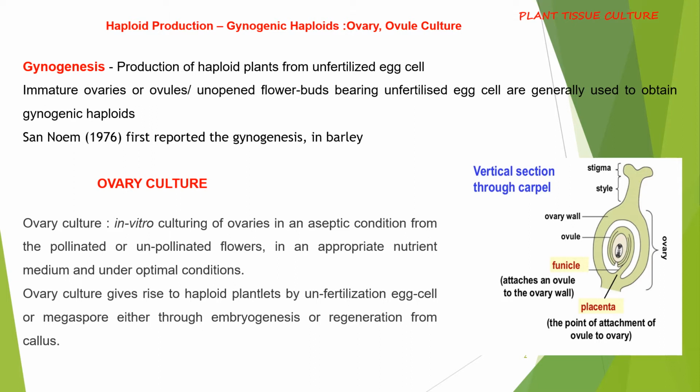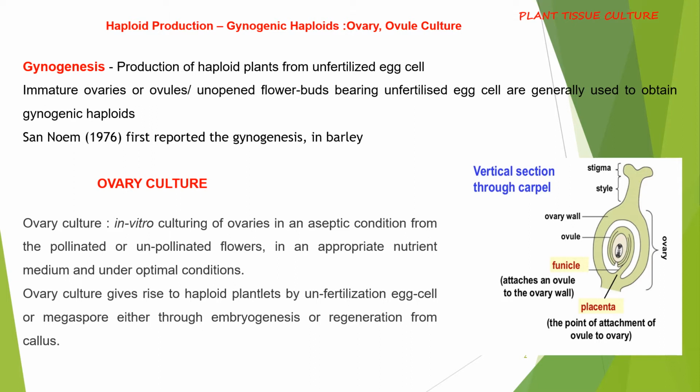Here, immature ovaries or ovules are excised from unopened flower buds bearing unfertilized egg cells to give rise to haploid plantlets.